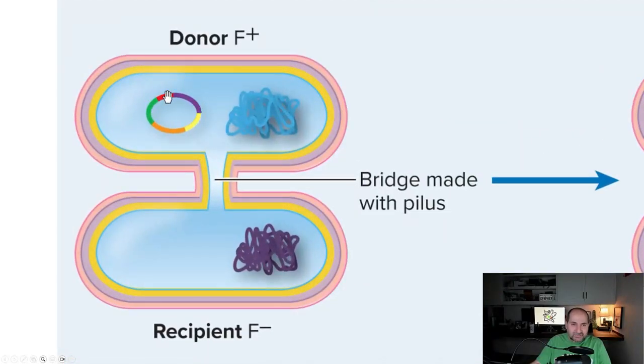Sometimes the F plasmid, the fertility plasmid, can actually insert itself into the host's circular genome. Imagine if I were to cut and paste this circular plasmid into the circular chromosome of the host cell.